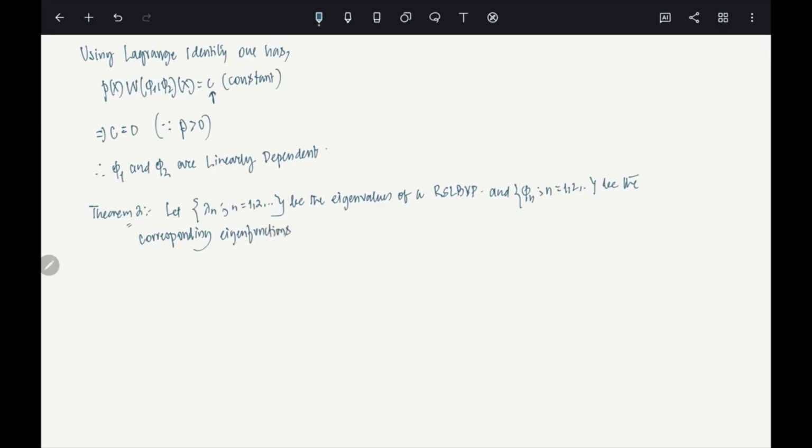Then the set phi n of x, n equals 1 to infinity, is orthogonal in alpha, beta with respect to the weight function R(x).